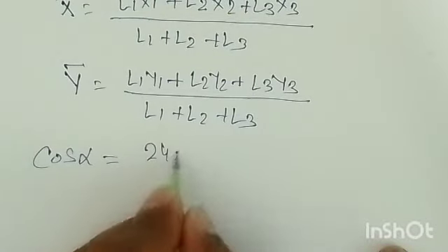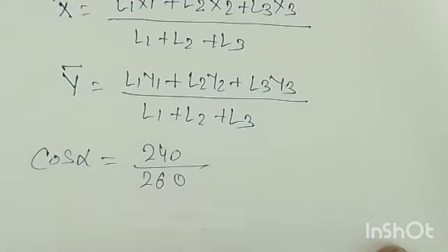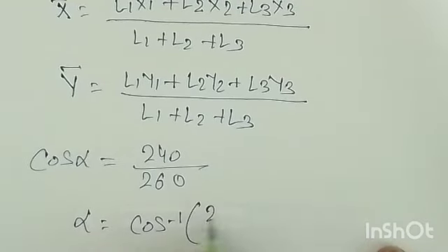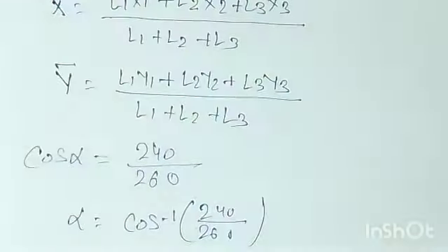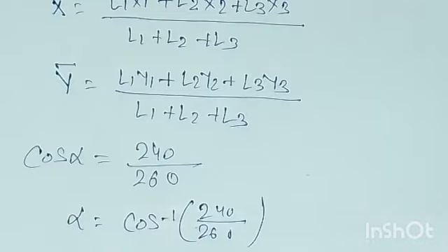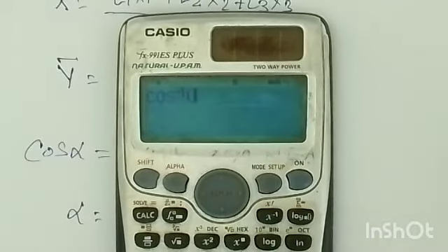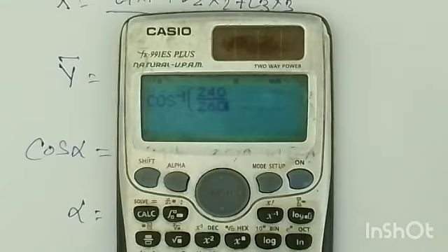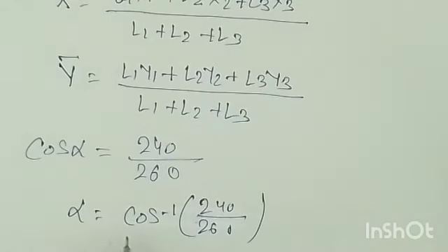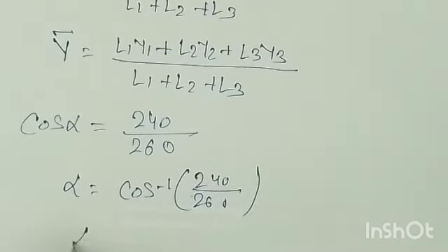Adjacent is 240, hypotenuse is 260. So alpha is equal to cos inverse of 240 by 260. It is 22.61, right?